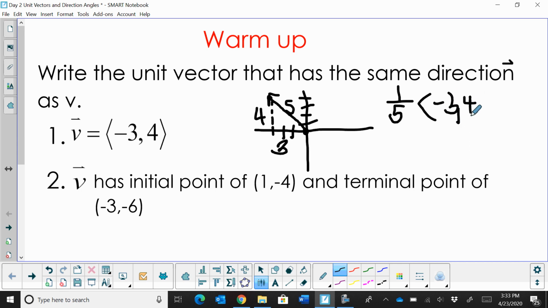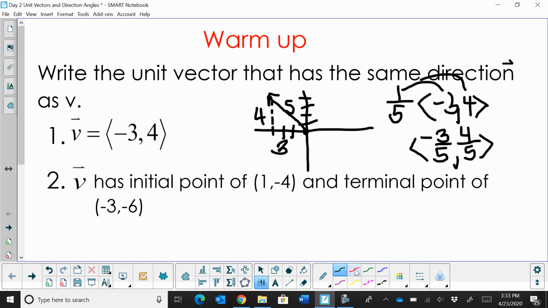And the vector is -3, 4, and if I distribute that 1/5 in as a scalar multiple, I will get -3/5 as my horizontal direction and +4/5 as my vertical direction.